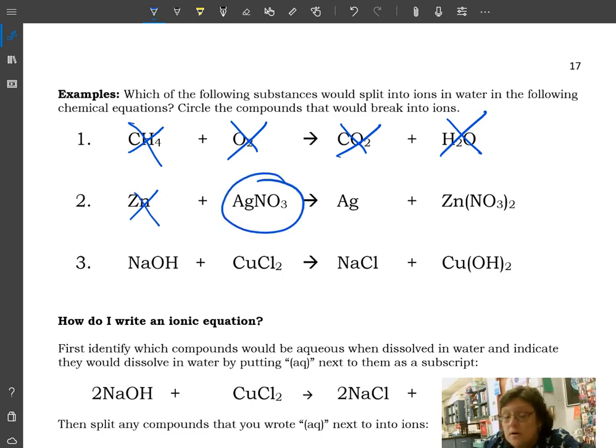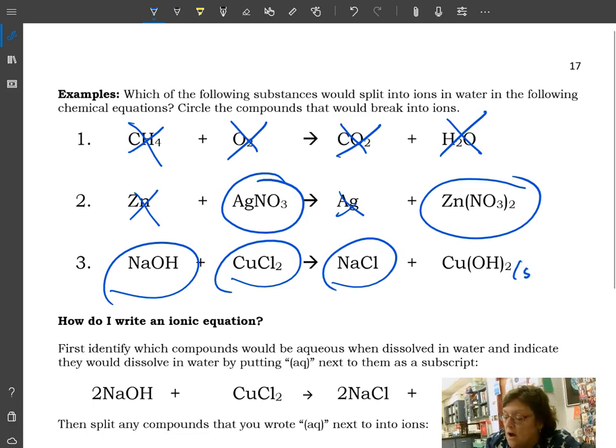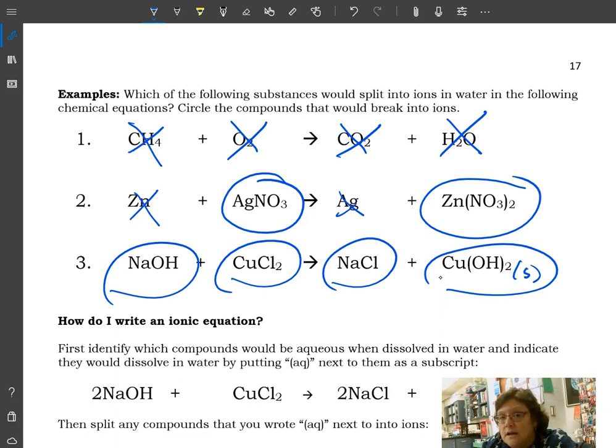But silver nitrate will ionize, and zinc nitrate will ionize. No silver. Sodium hydroxide will ionize. Copper 2 chloride will ionize. Sodium chloride will ionize. Copper 2 hydroxide will form a solid. So that's what we're going to talk about next, is how to read the solubility table and determine what is going to precipitate. Thank you very much.